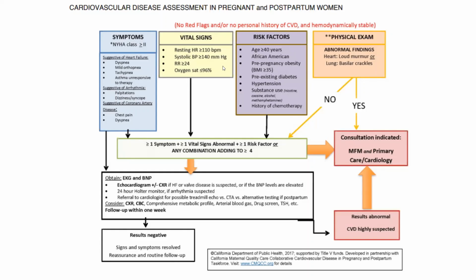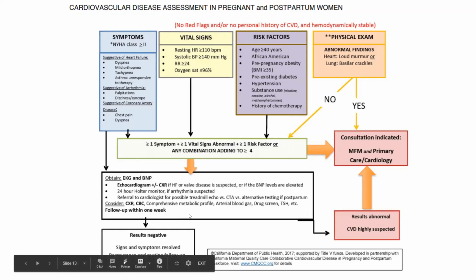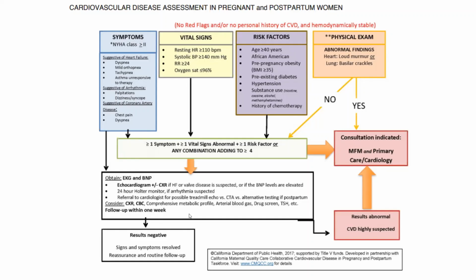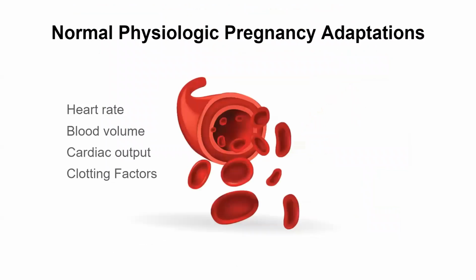And let's say she has one elevated heart rate or one elevated BP. Guess what? That already puts her in the category for someone who needs to be worked up for CVD. April's going to talk about this a little bit more at the end, but I think this is really helpful. You can find it online, a really helpful algorithm to determine who we should be doing additional testing on to make sure we're not missing these patients.